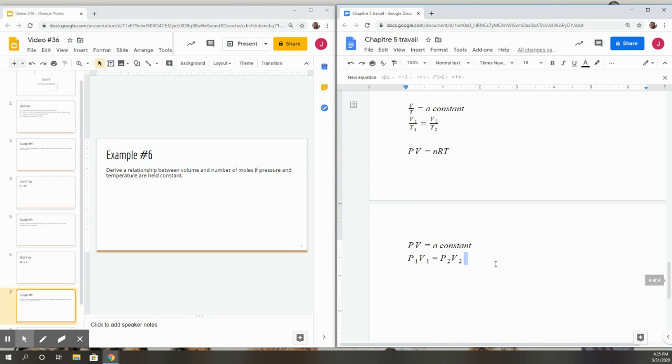Right, same process here. On my left, I want volume and number of moles.